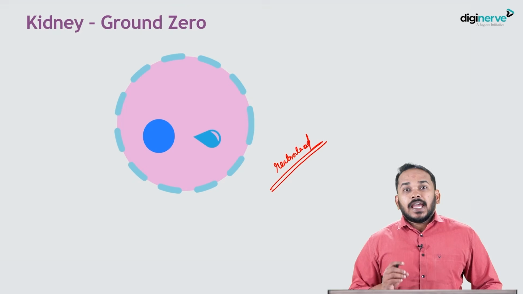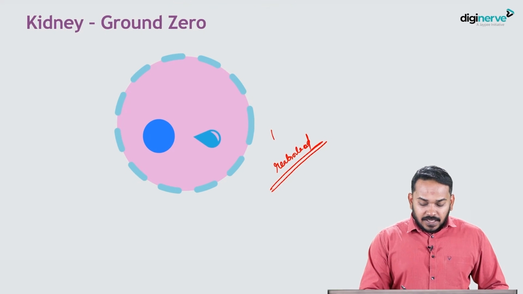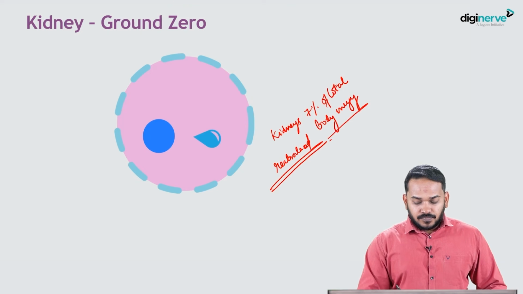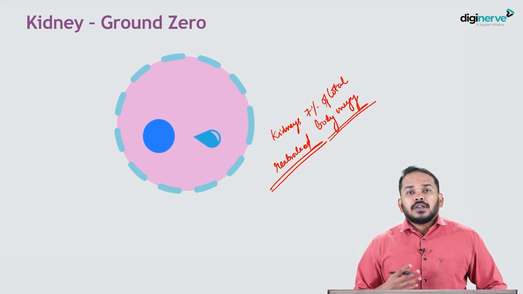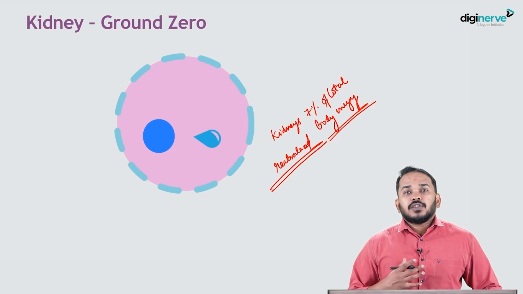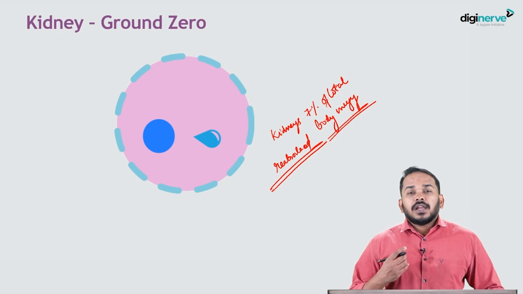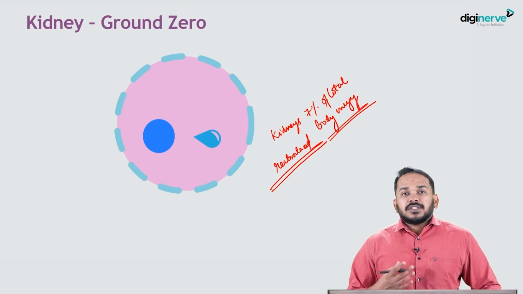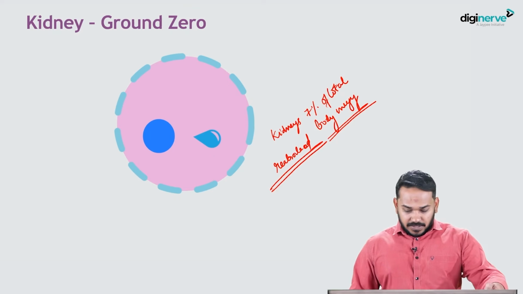This reabsorption of components from the ultrafiltrate is energy consuming. For this process of concentrating the ultrafiltrate, we require a large amount of energy. That is why kidneys consume around 7% of the total body energy expenditure.